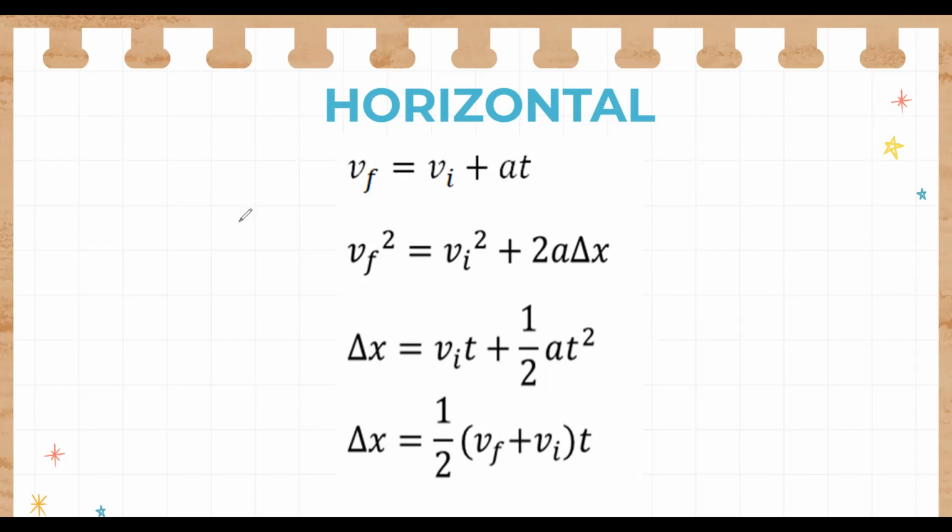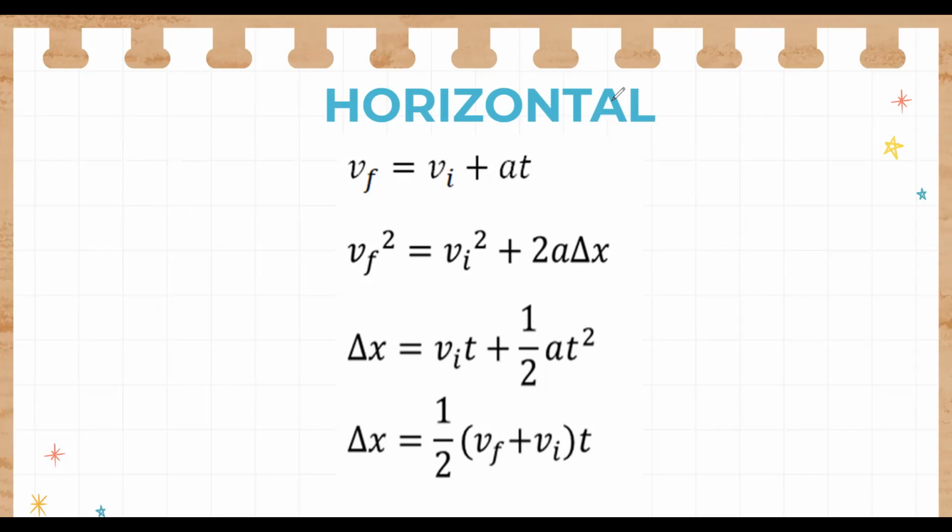One easy way to remember this is whenever I have the same sign, so a positive velocity and a positive acceleration, or a negative velocity and a negative acceleration, then this means that I am speeding up. All right. If I have opposite signs, then that means I am slowing down.